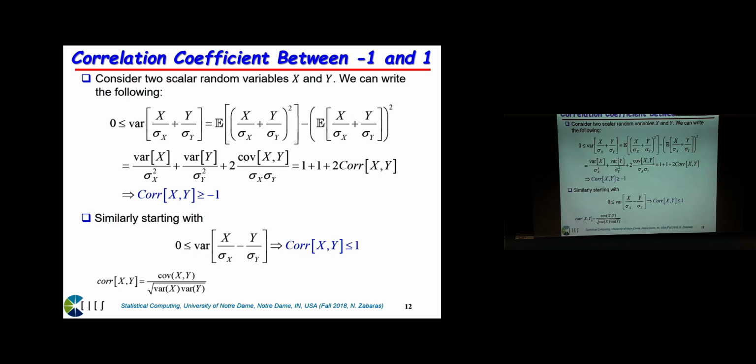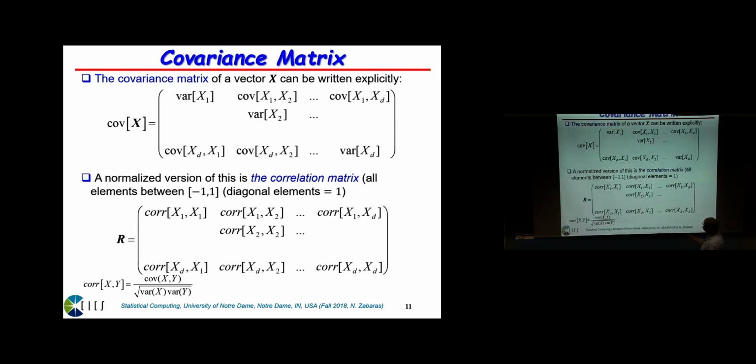Here I give you a proof that the correlation coefficient between two variables x and y is greater than or equal to -1 and less than or equal to 1. And again, this is like homework, you read it, okay? I just want you to know that you may see this in applications, and the correlation coefficients are always between -1 and 1.